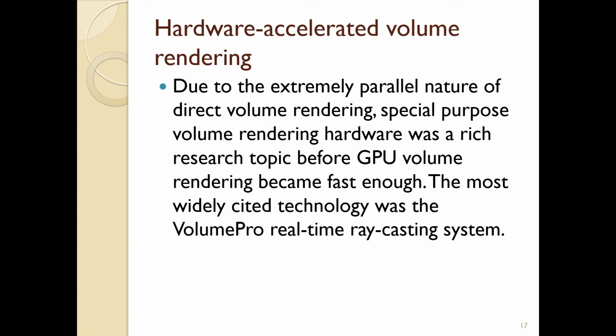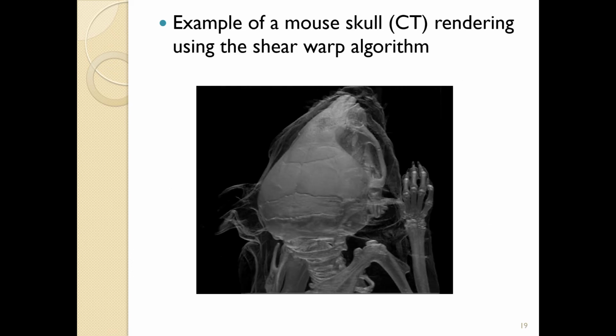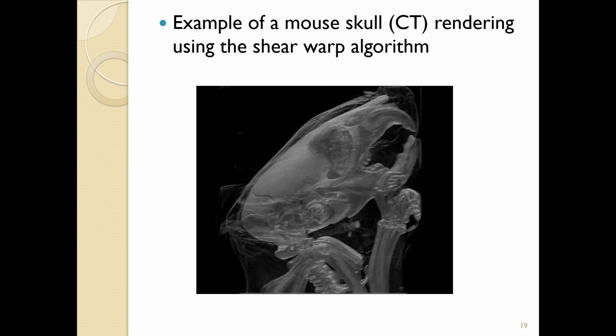Due to the extremely parallel nature of direct volume rendering, special purpose volume rendering hardware was a rich research topic before GPU volume rendering was fast enough. The widely cited technology was the VolumePro real-time ray casting system. So here it is further explained. Here is an example of a mouse skull CT rendering using the shear warp algorithm.